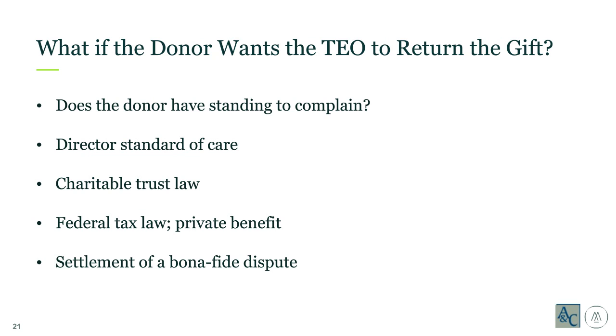This raises a charitable trust issue. The attorney generals, as I mentioned, regulate charities, and one of the issues, other than that diversification issue, is this general understanding that all charities hold their assets in charitable trust for the benefit of the public, or for the benefit of their charitable class of recipients.